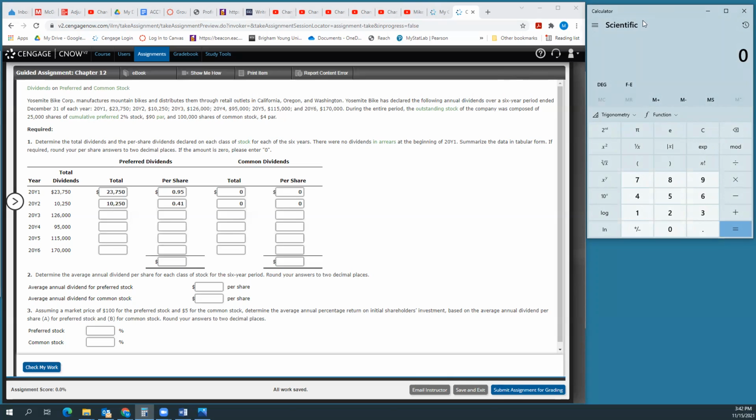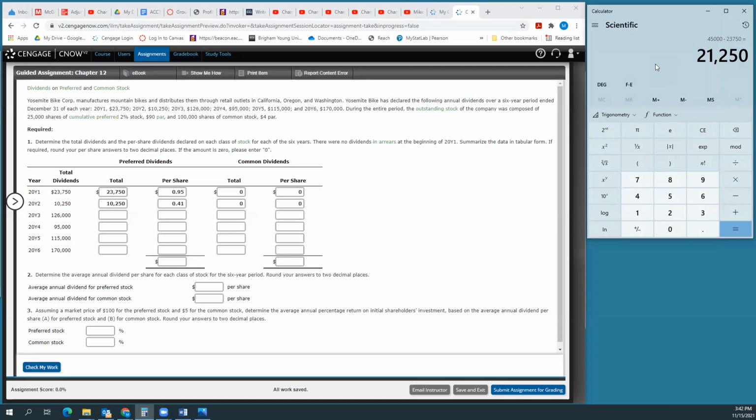So we're going to say, all right, in the first year, they promised $45,000 to the preferred shareholders. They paid out $23,750 to those preferred shareholders. So at the end of that first year, they still owed $21,250 to the preferred shareholders.